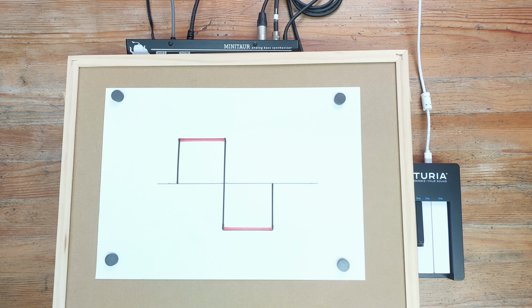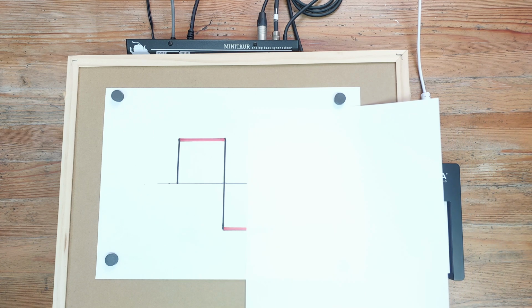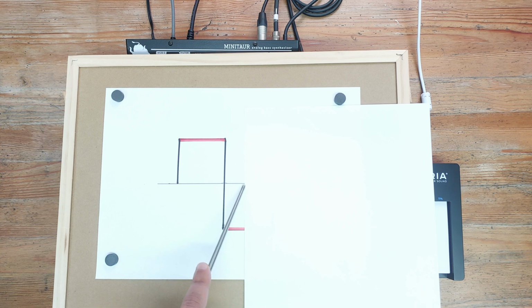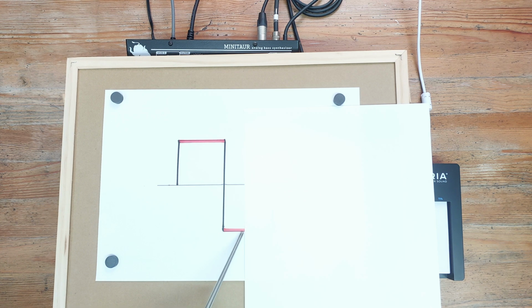Now, if this wave is synced to another oscillator that is faster in frequency, it will not finish its full cycle. Let's say it will finish its cycle somewhere here. So now the values of the pulse are not even. And that's how with oscillator sync we can change the pulse width of a square wave.